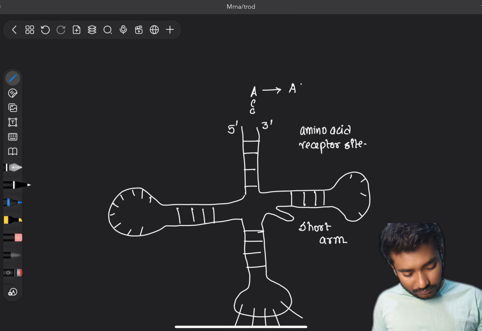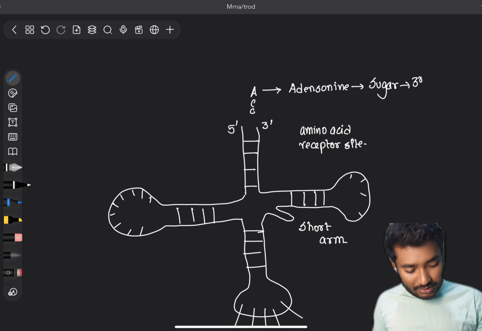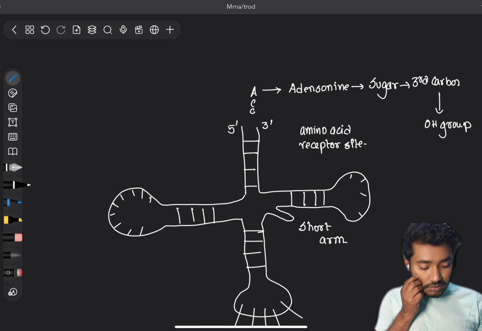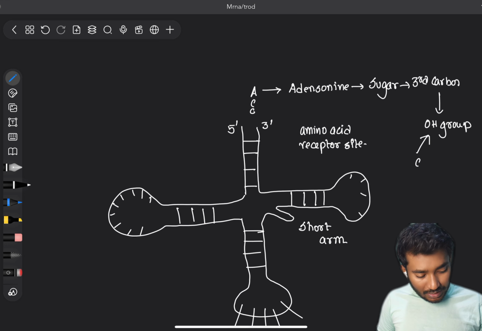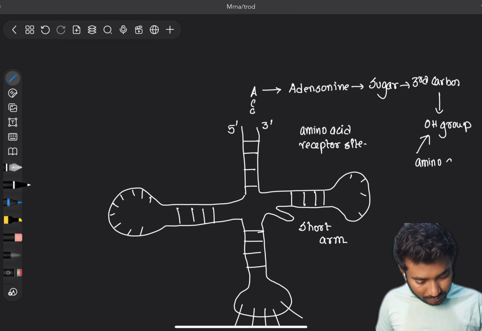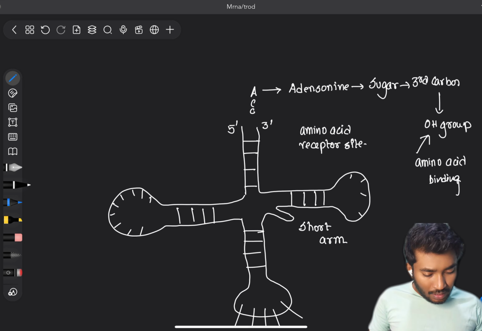So the adenosine sugar changes to third degree carbon, and the third degree carbon changes to OH group. Now this OH group is attached with amino acid binding.